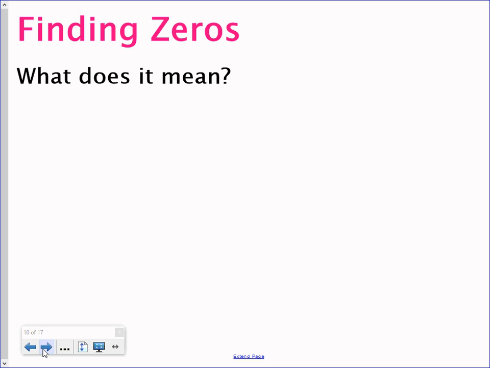Okay. What is finding zeros? Finding points where a function equals 0. Any other?